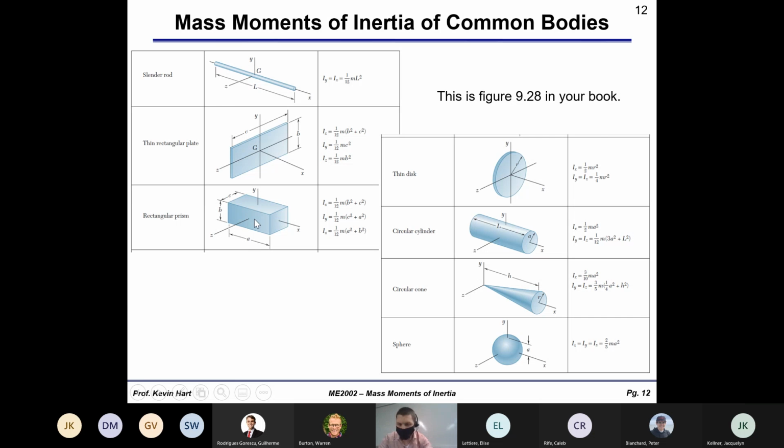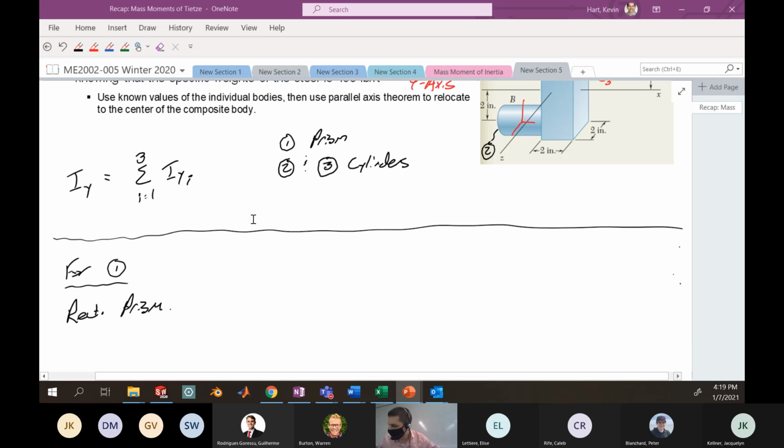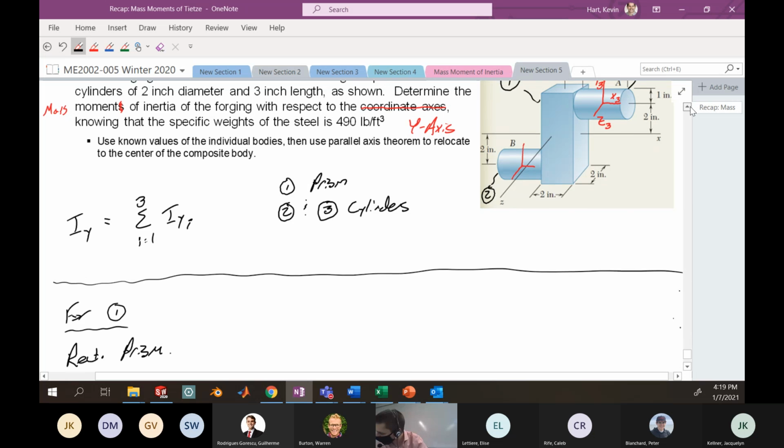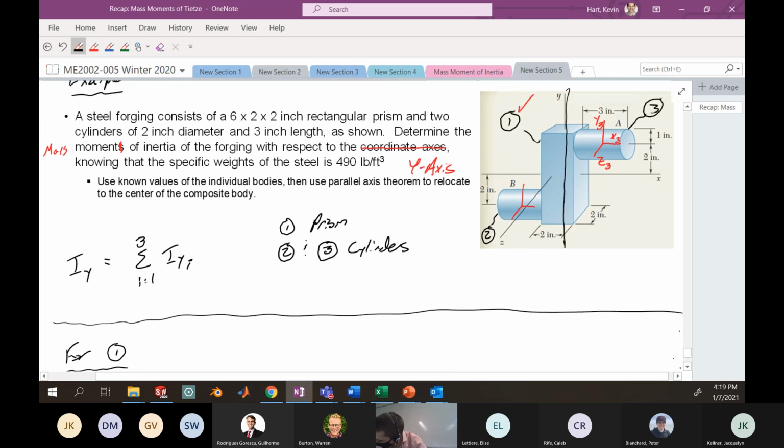In our case, the y-axis moves through our prism, and the cross section perpendicular to the y direction is going to be 2 by 2.